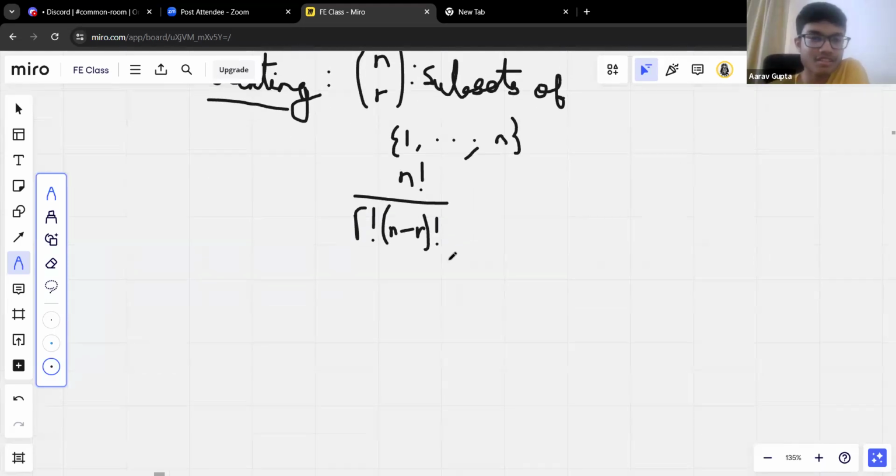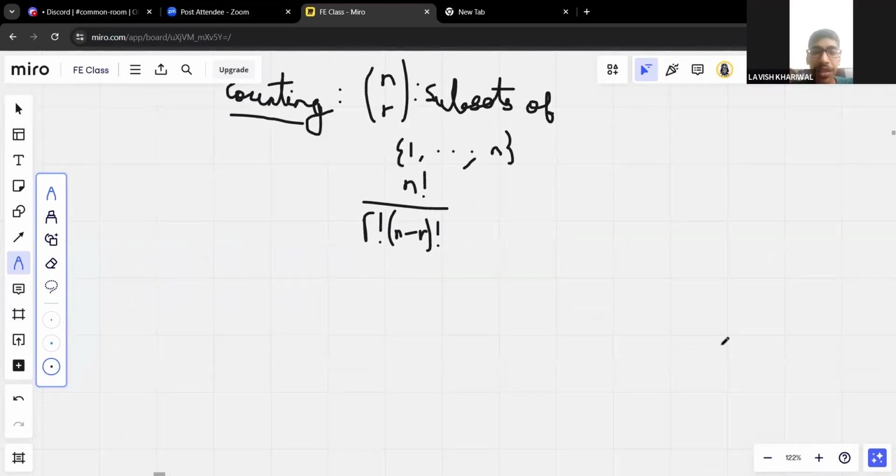So count the number of permutations and then divide by how a specific thing can be counted. Yeah, but you are like nPr divided by R factorial, but you don't know how to prove nPr. So it's like circular logic, but you can prove nPr too. Yeah, if you provide a proof of both, then obviously it'd be done.